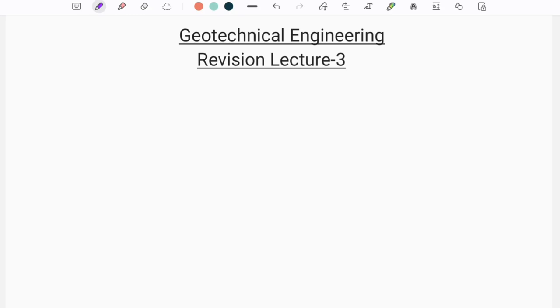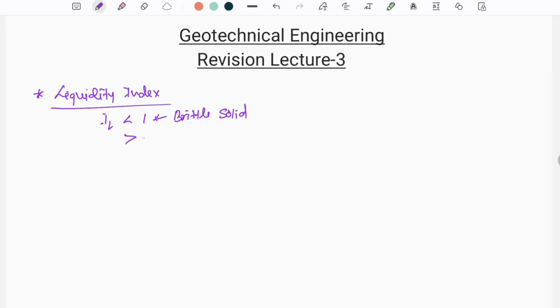So in lecture 2 we have discussed liquidity index. There is some range of liquidity index. If the liquidity index, that is IL, is less than 1, it is a brittle solid.